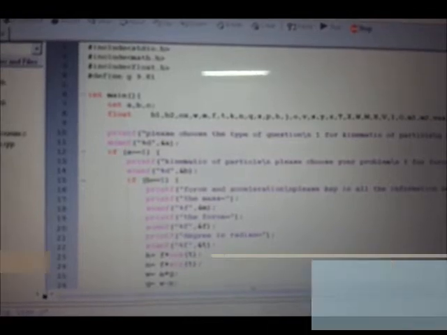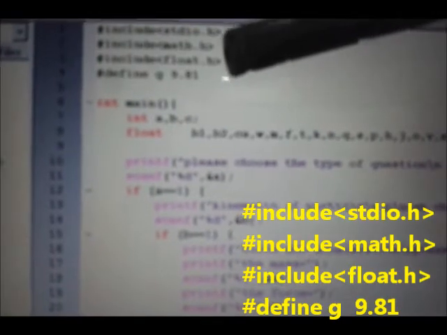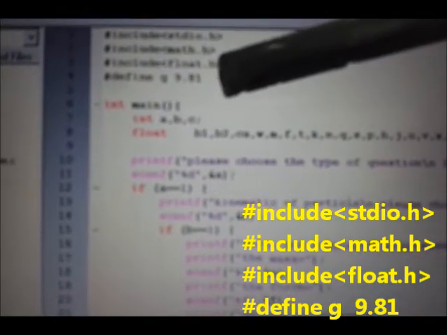Okay, this is our programming. Our programming includes stdio.h, math.h, float.h, and we define G for 9.81.